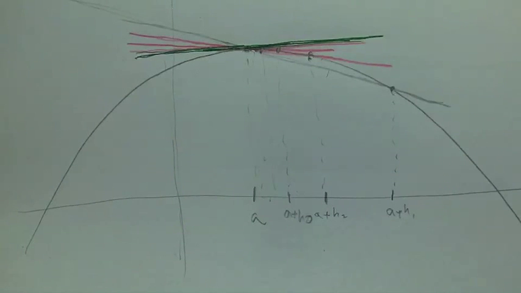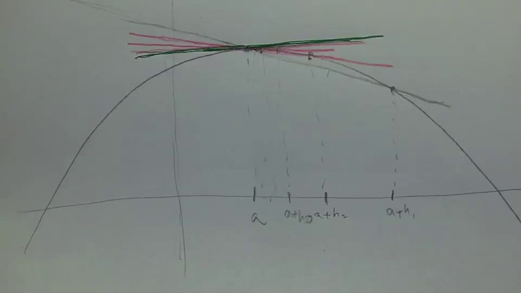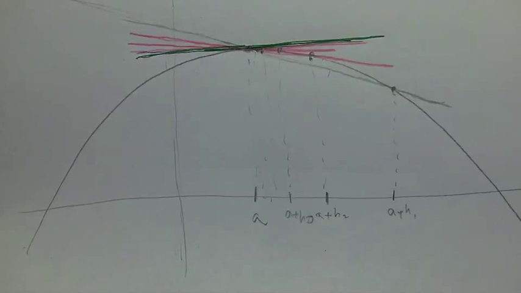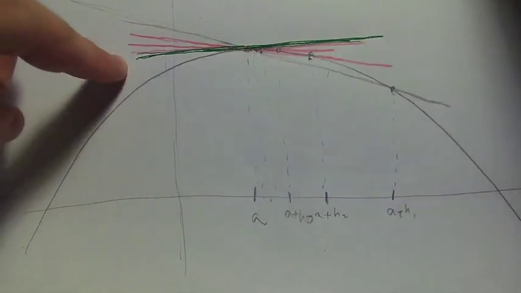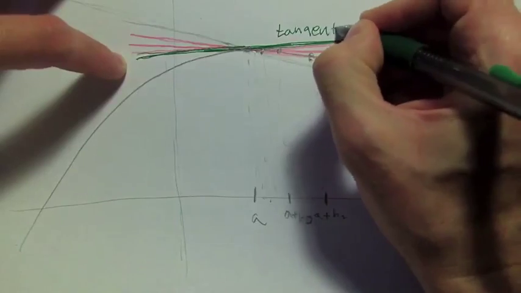What's happening is that the graphical representation of the average rate of change is the secant line, right? Well, the slope of the secant line. And as we take the limit, right, as we let those intervals shrink down to 0, those secant lines get closer and closer and closer to this other line, this green line, which is what we call a tangent line.